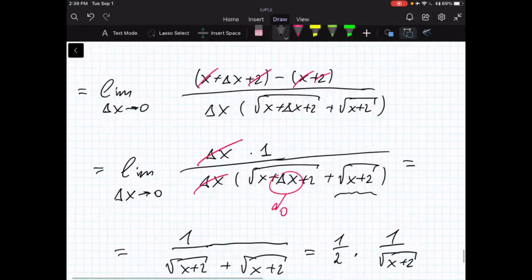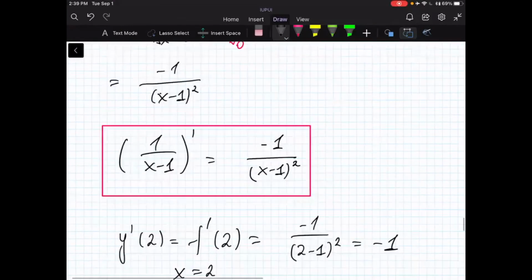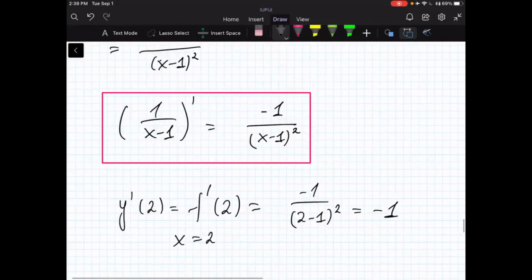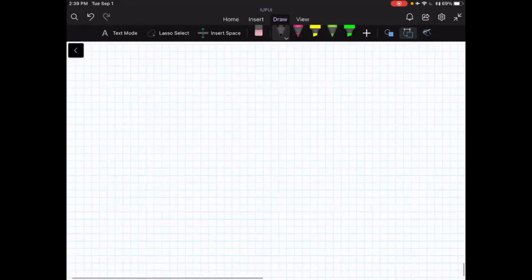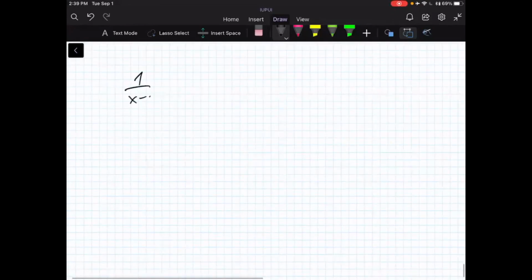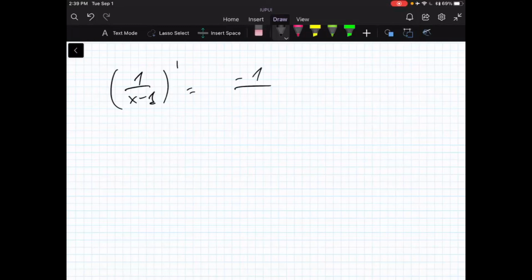So we have found that, say, if we have the function 1 over x minus 1, then its derivative will be minus 1 over x minus 1 squared, and we calculated that the derivative at point 2 is minus 1.